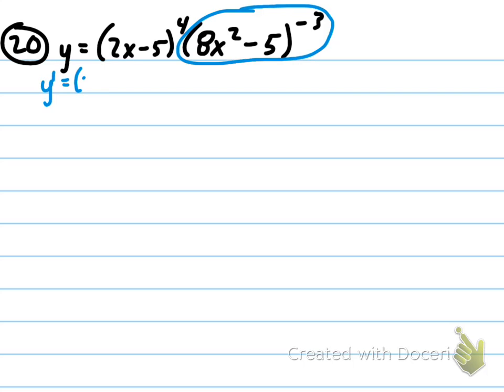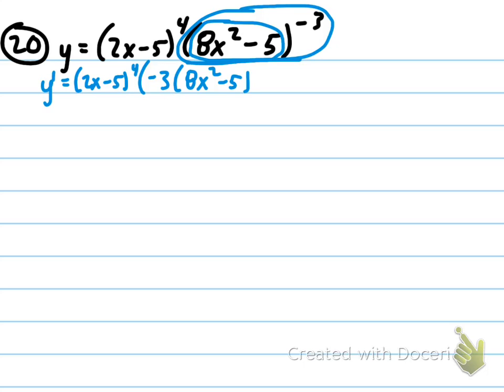We have the first function, which is 2x minus 5 to the fourth. Multiply that by the derivative of the second function. Now the derivative of this one is a bit involved, okay? It's something being raised to a power, and that power is negative 3, multiplied by the something, which is 8x squared minus 5. Now you have to keep track of this.